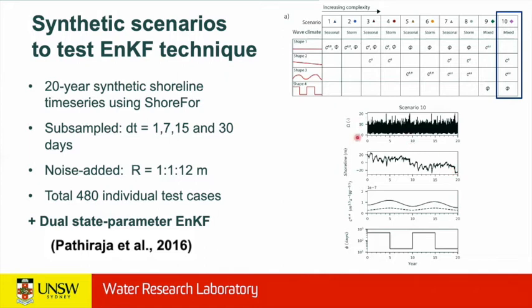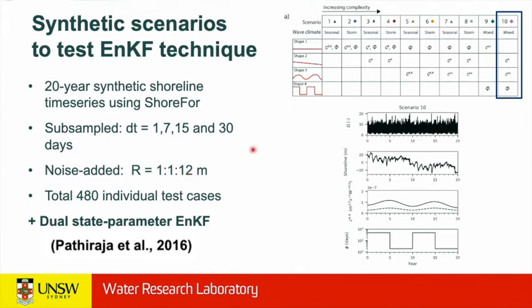In the top panel, the dimensionless fall velocity was used to force the shore-form model, along with this combination of parameters, and that resulted in this time series of shoreline variability. That was then subsampled, and we also added some noise to represent the current state of the art of shoreline detection methods, from in situ surveys up to more noisy satellite-derived shorelines.